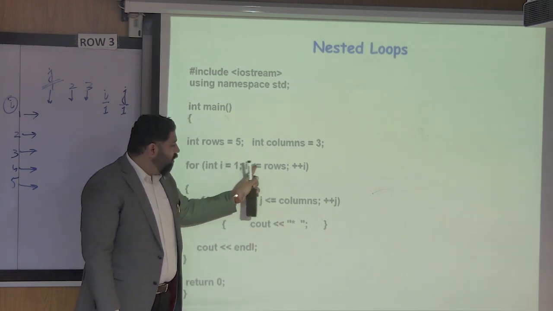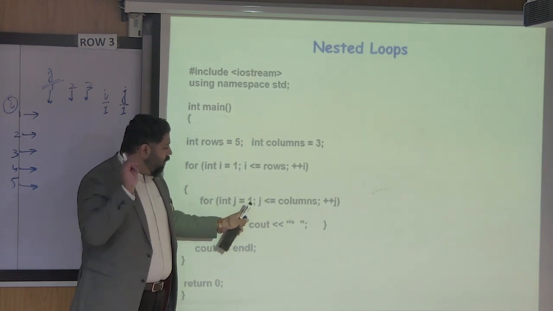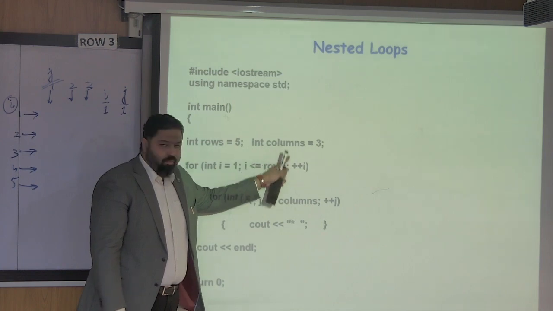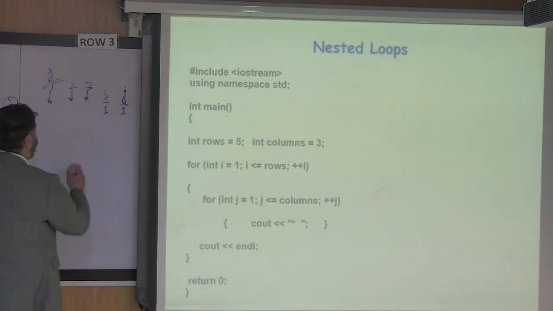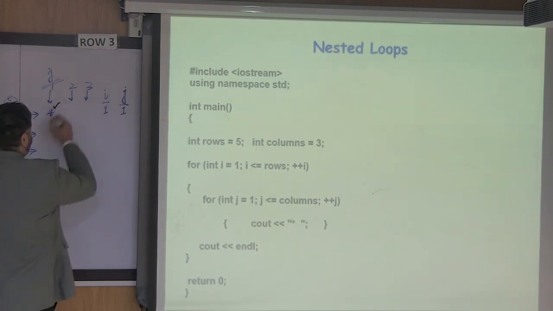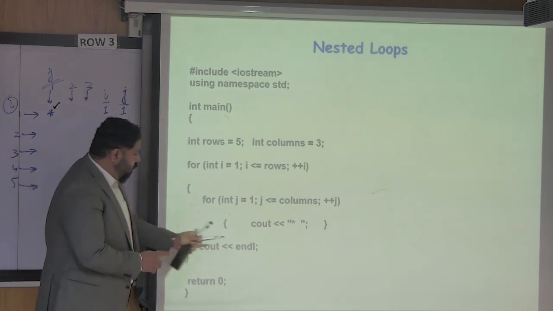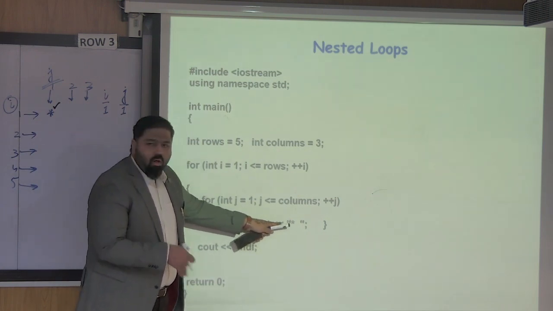Now I is 1, this is true, now you are over here. So J is 1, as you can see on the board. 1 is less than or equal to 3. Print out asterisk. So we are done with this asterisk. Okay, next. Asterisk display हो गया. Now what's next?